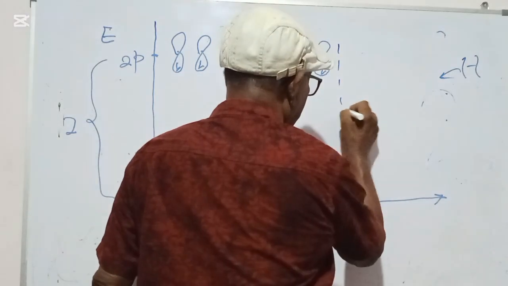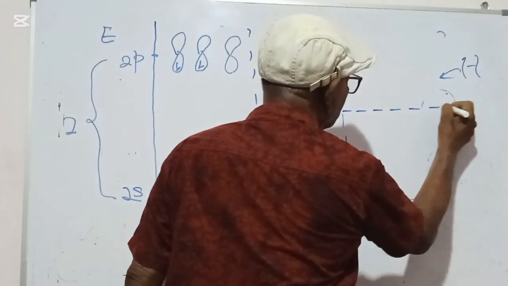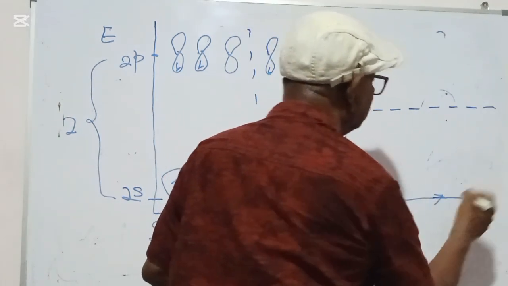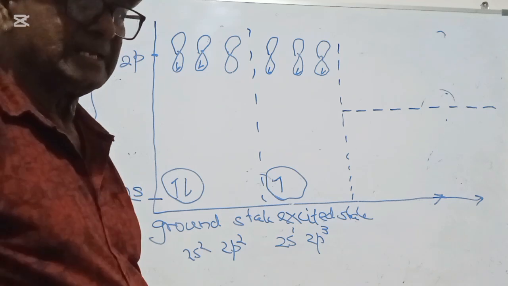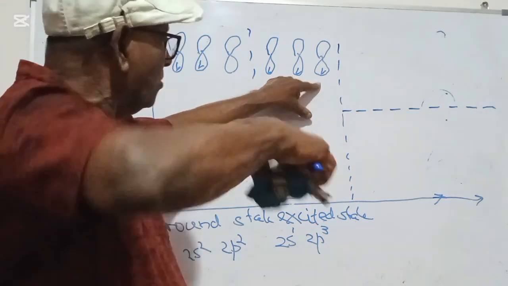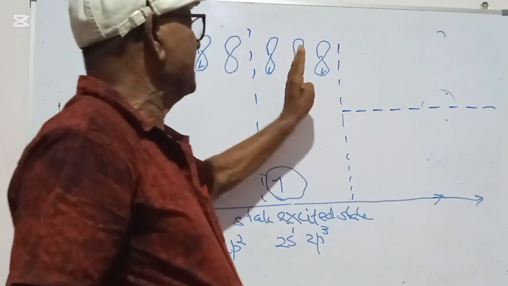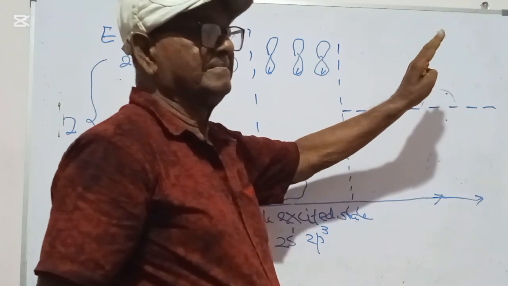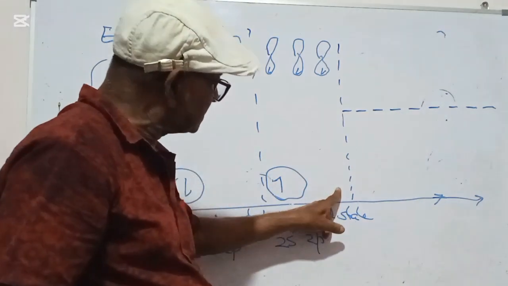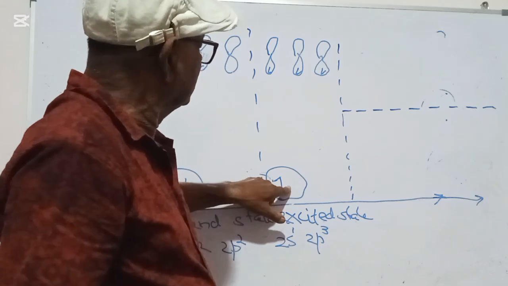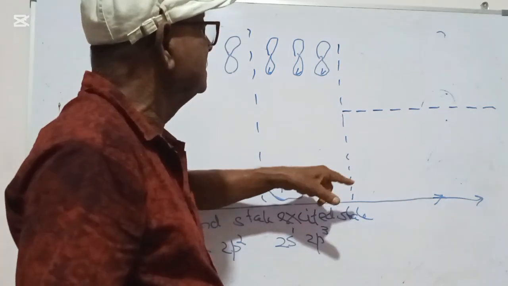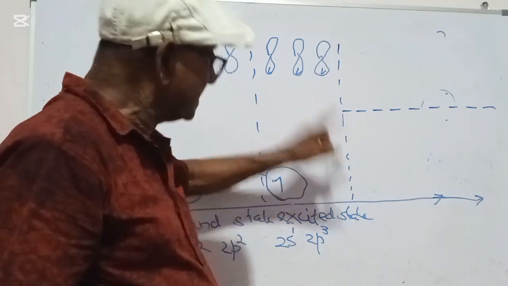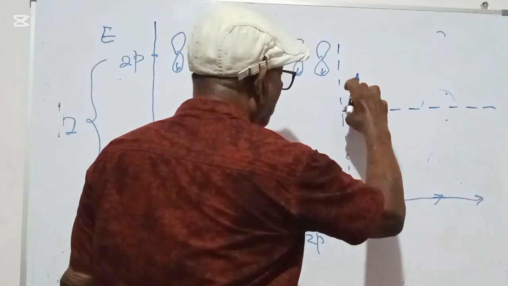So they come to the common energy level. To transit downwards, they remove energy. To transit upwards, this electron gains the removed energy of the p orbitals. Right? Then they come to the common energy level.